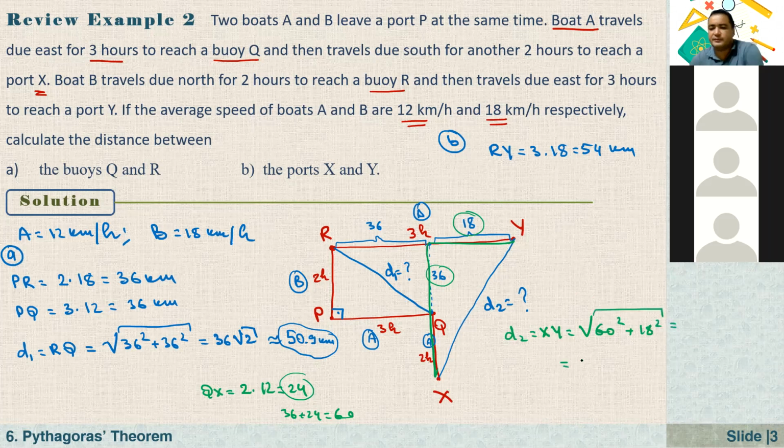Which is equal to the square root of 60 squared plus 18 squared, which is equal to 62.64. So the distance between port X and port Y is 62.64 kilometers.